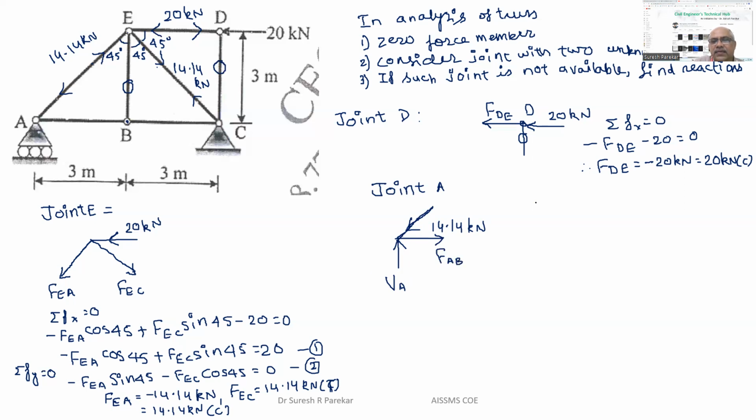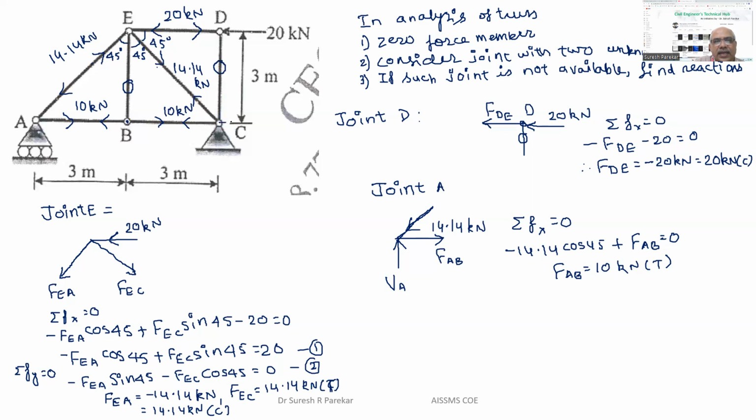Now we are not interested in the reaction, so I will apply summation Fx equal to 0. So minus 14.14 cos 45 plus FAB equal to 0. And FAB we get 10 kilonewton, and again plus, so tensile. No reactions are required over here. So FAB is tensile, 10 kilonewton.